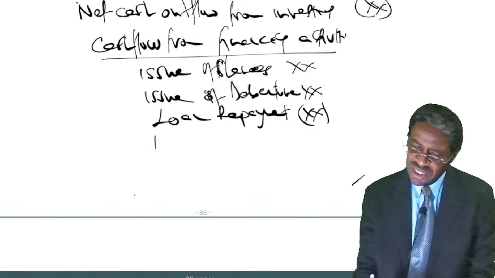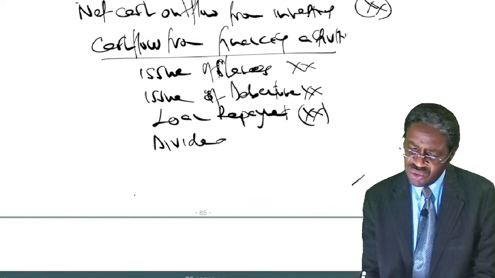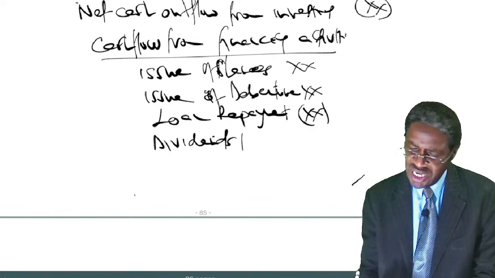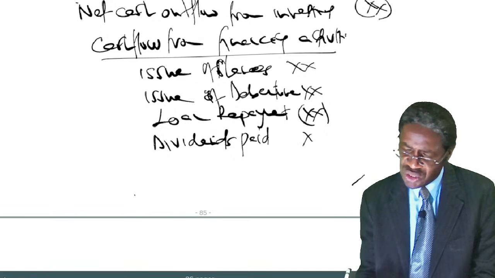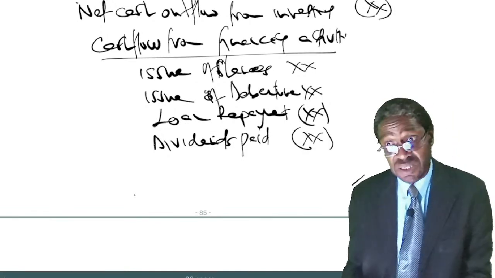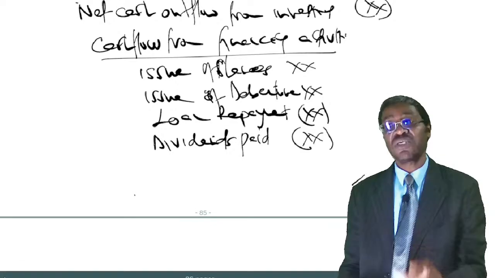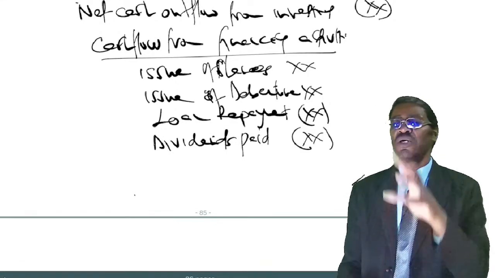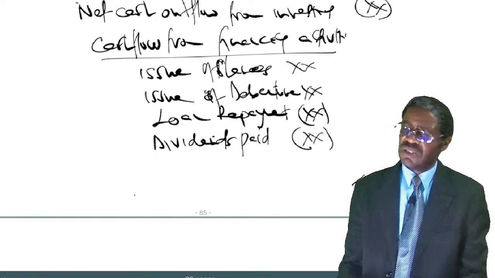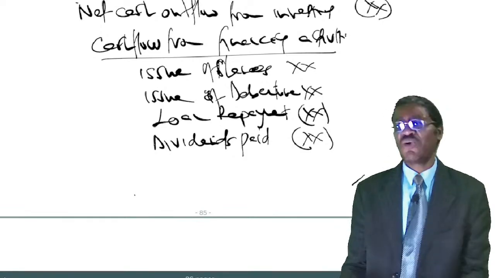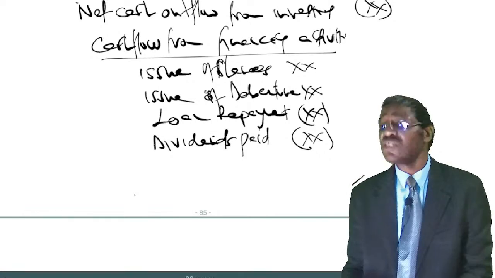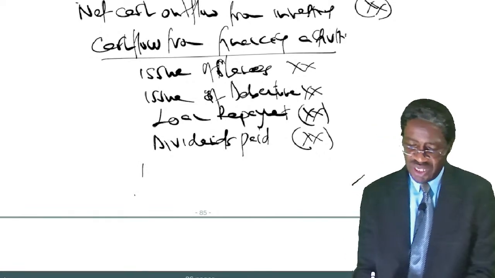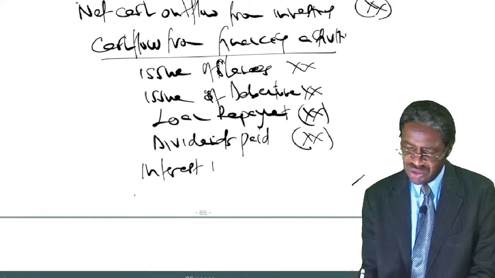So any dividends paid to the shareholders is considered as part of financing. Dividends paid are classified as financing activities. To the loan providers, the debenture holders, we normally give them their return in terms of interest. So any interest paid is also considered as part of financing.